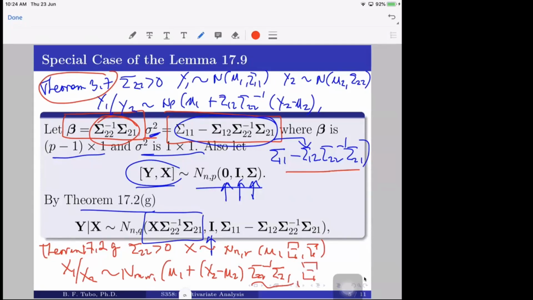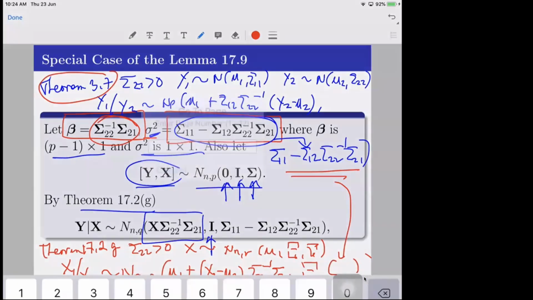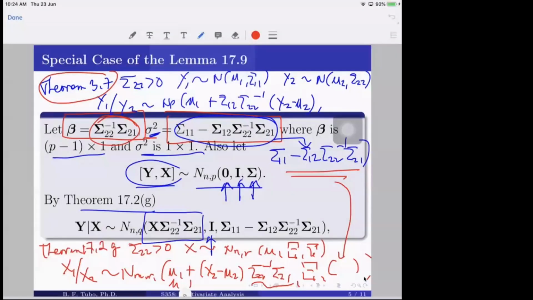And it is similar to this here, no? It is the same there. So if you look at this, it becomes mu1 plus this component, and by notation this is your beta.